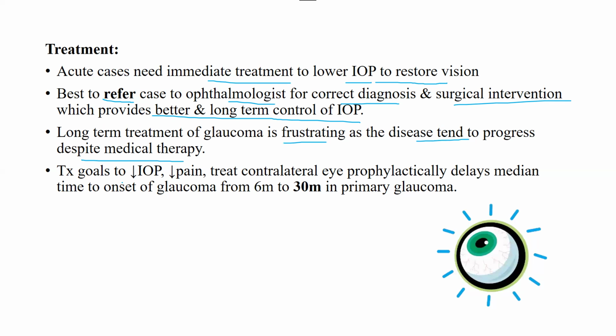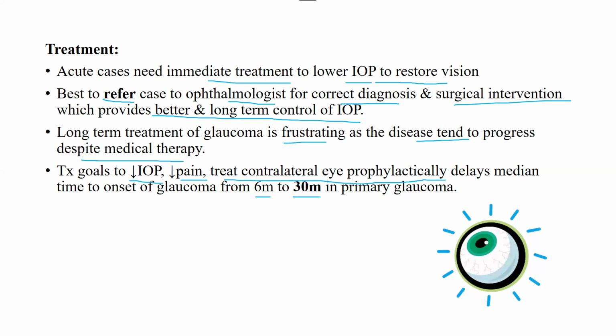Treatment goals are to decrease IOP, decrease pain, and treat the contralateral eye prophylactically. If the dog comes to you with primary eye disease that is initially unilateral, we know the contralateral eye is going to have the same disease in 6 to 12 months. But if you start to treat that eye prophylactically, it will delay that progression to 30 months.